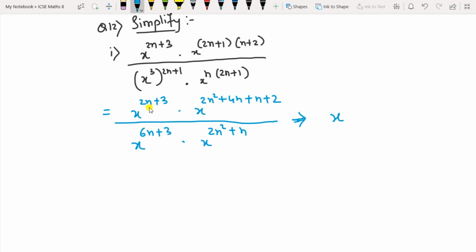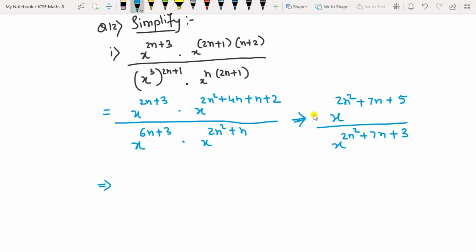So this is 2n square, it is nowhere else, it is alone, so write 2n square plus, then with the n term, see this is 2n, 4n and n, so 4 plus 1 is 5, 5 plus 2 is 7n, and plus 3 plus 2 is 5, the whole upon, this is 2n square here. Then like terms are 6n and n, so that becomes 7n, and 3 is alone.